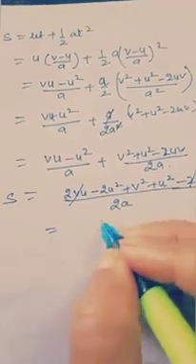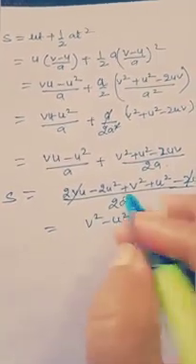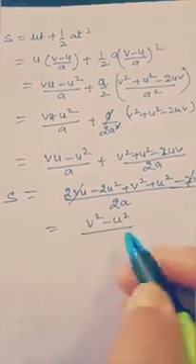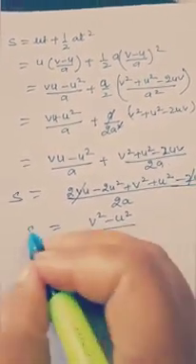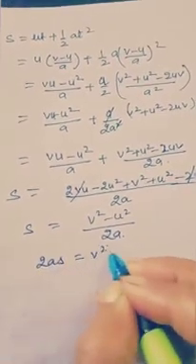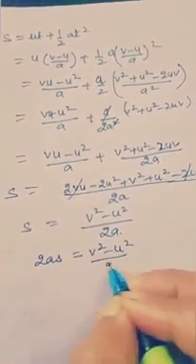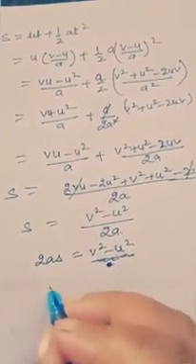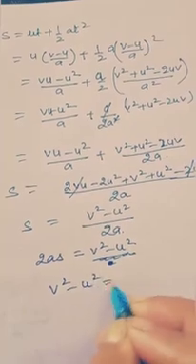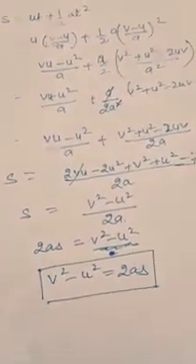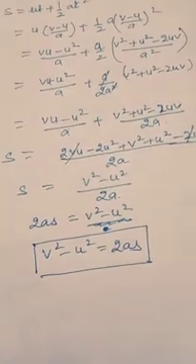We will be left with v square minus u square, since minus 2u square plus u square becomes minus u square, upon 2a. Cross multiply this, you will get 2as equals v square minus u square upon 2. Don't write this. This will become v square minus u square equals 2as. So this is our third equation of motion.